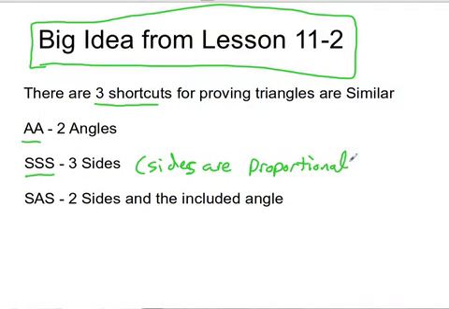If that's the case, then you can say that the 2 triangles are similar. Last shortcut is SAS, and that is where you check to see if 2 sides are proportional to 2 sides in another triangle, and if the included angles are congruent. Alright, those are the 3 shortcuts. Make sure you have that in your notes, and that's it for today.